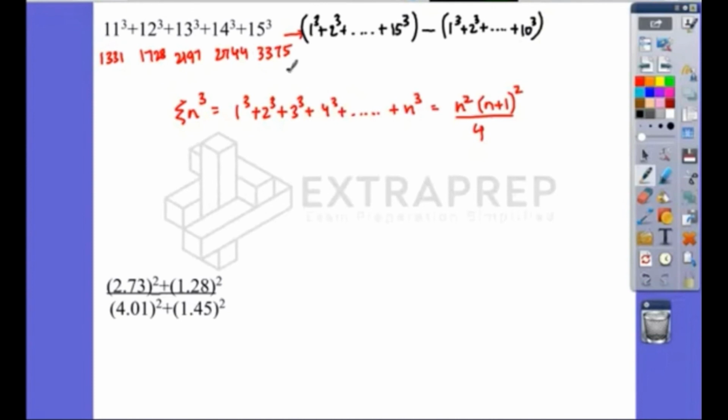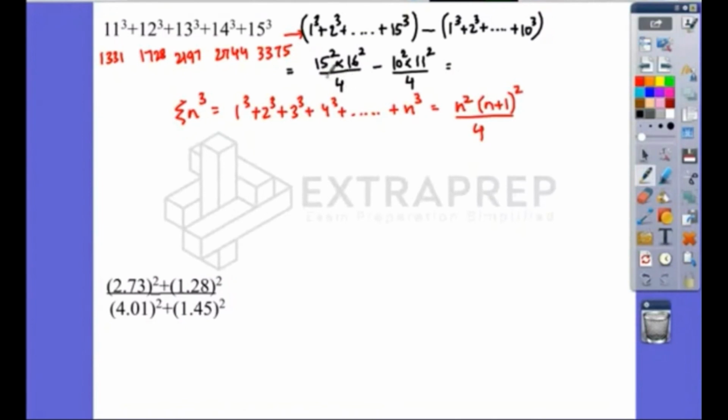Now we know the formula for these. This is 15 square into 16 square by 4 minus 10 square into n plus 1, which is 11 square, by 4. That's equal to, see, 4 can be written as 2 square.